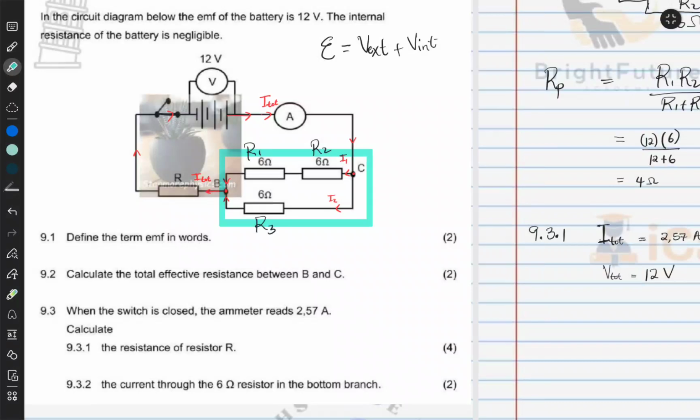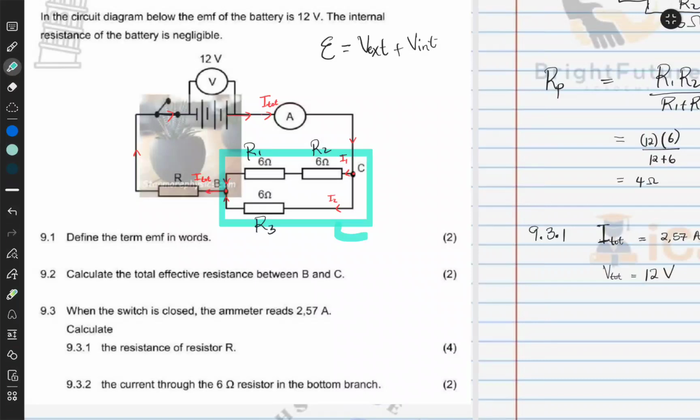So we are left with only R. So we find the total, and then we subtract that 4 ohms from the green area, the parallel combination of the 6 ohm resistors, and we would be sure that the remaining one has to belong to R. Or you can take the longer route.